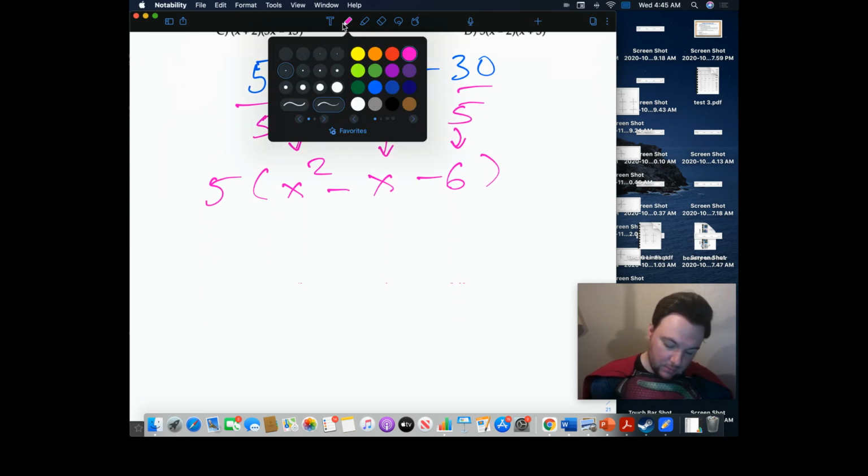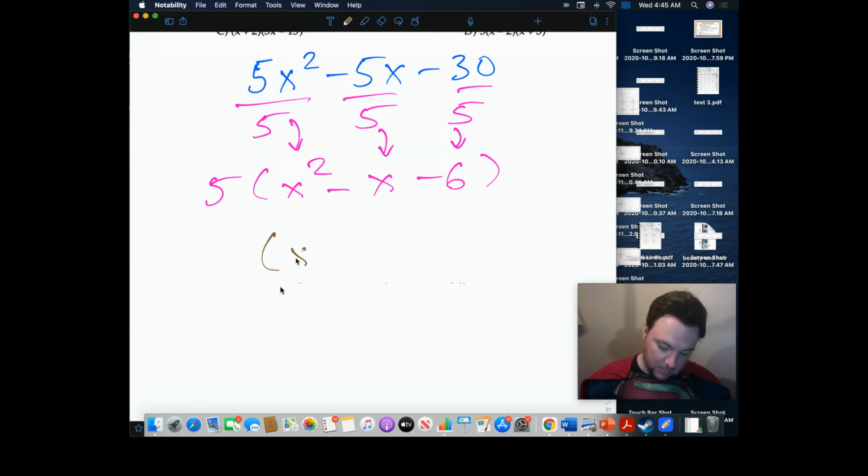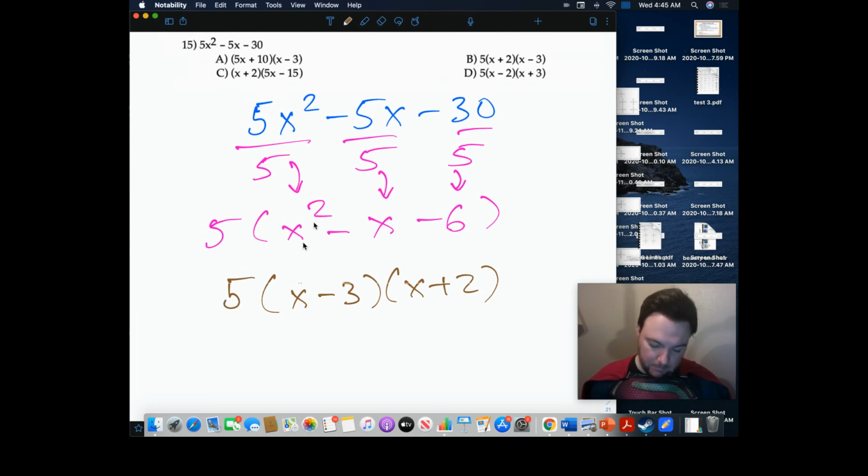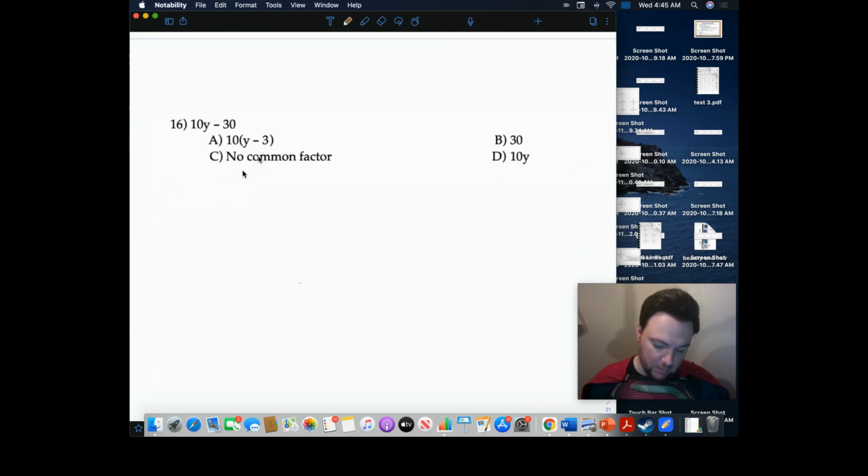Then we can factor this to x minus 3, x plus 2, and we have the 5 on the outside. So that's it. Be careful when you're choosing, it's really easy to choose the wrong answer choice.